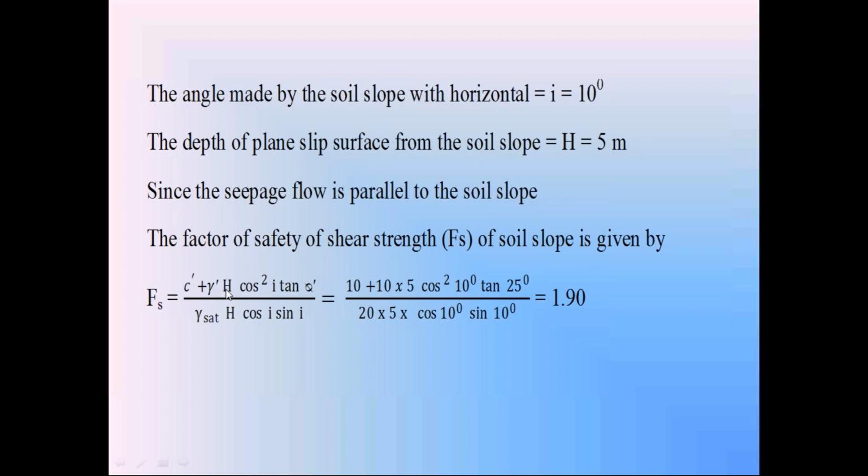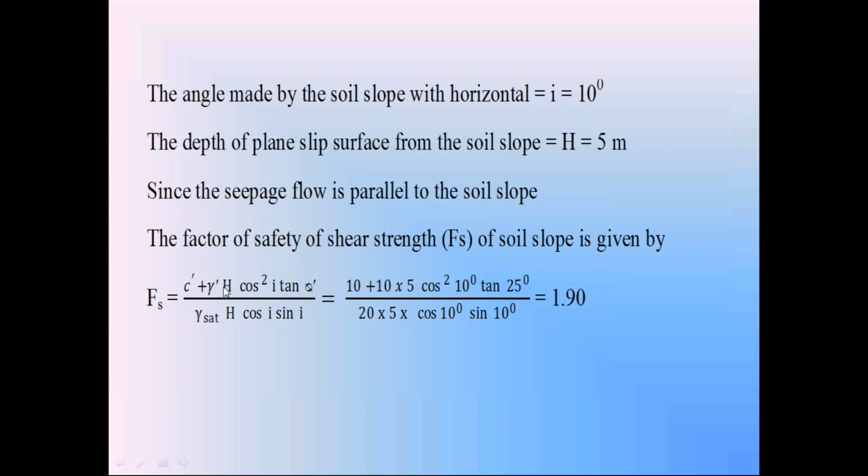h is the vertical distance between the failure surface and the soil slope, that is 5 meters, and i is 10 degrees. They are also given phi dash as 25 degrees.